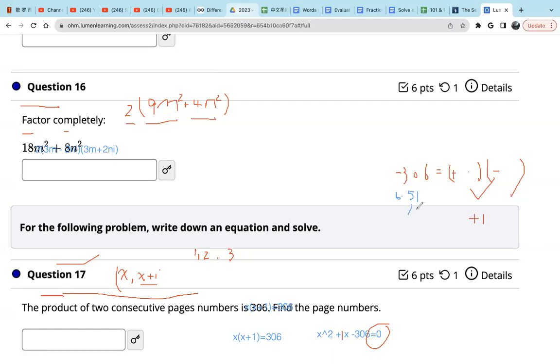So what about 51? 51 can be divided by 3, that would be 17. 3 times 17 is 51. Then 3 times 6, that's 18. Bingo. The difference between 18 and 17 is 1. So the only thing we have to figure out is which one is positive. 18 has to be positive, because the middle term is positive. So we have positive 18 times negative 17.